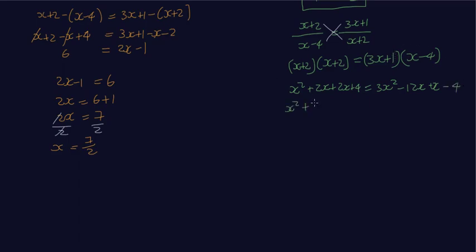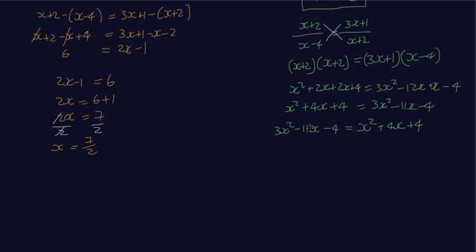So x squared plus 4x plus 4 is equal to 3x squared minus 11x minus 4. Let us switch, so it's 3x squared minus 11x minus 4 equals x squared plus 4x plus 4.